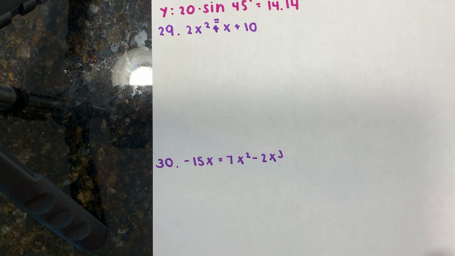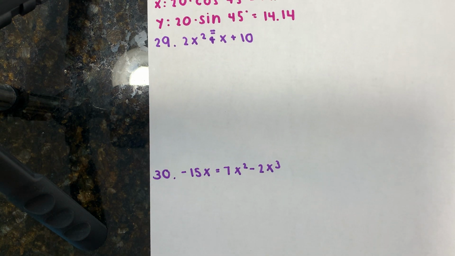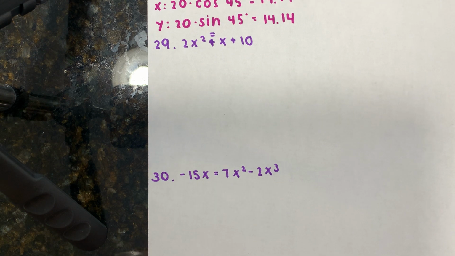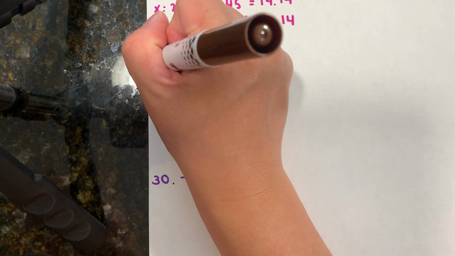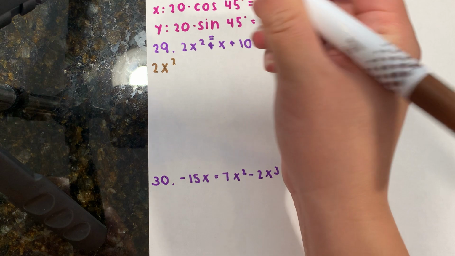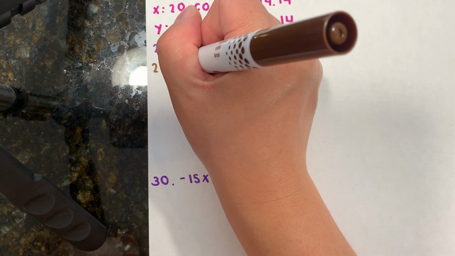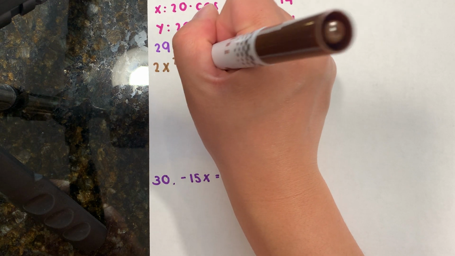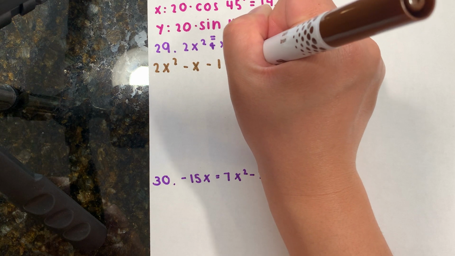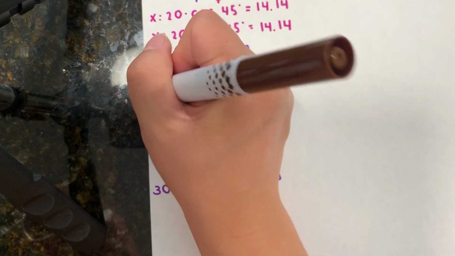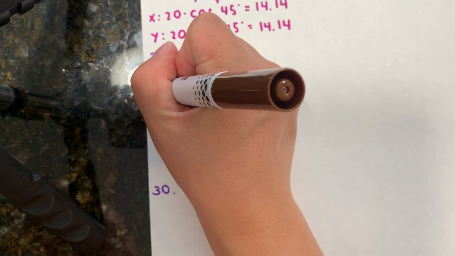Now looking at number 29, the first thing that I'm going to do is move everything over to the left-hand side, which would give you 2x squared minus x minus 10 equals 0. So I need two numbers that I'm going to multiply the first and the last term.